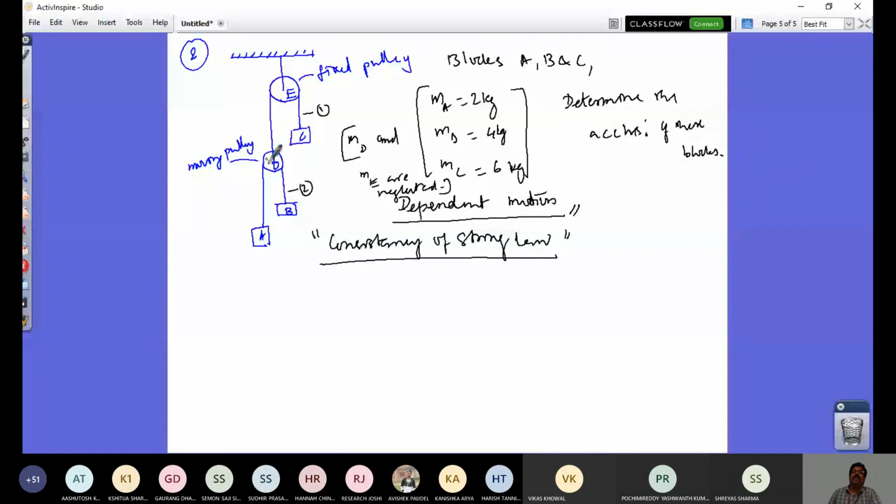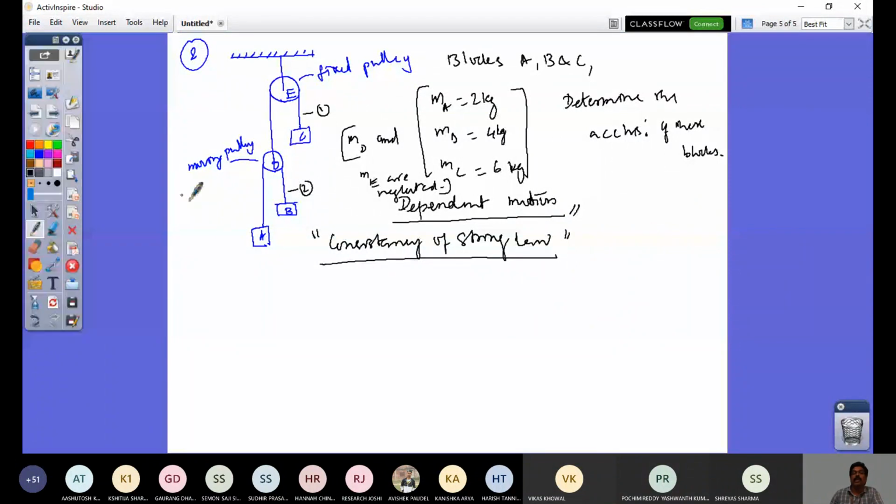In industry, in cranes used to lift such loads, these cables are steel wires, so the deformation is not appreciable. It is an inextensible cable, so the length of the cable remains the same. The length of cable 1 and cable 2 remains the same. That gives us some additional equations, obtained through the consistency of string law, where the length of the cable under motion remains constant. How I represent that motion is what we are going to look at.